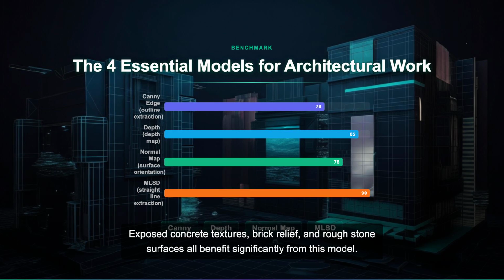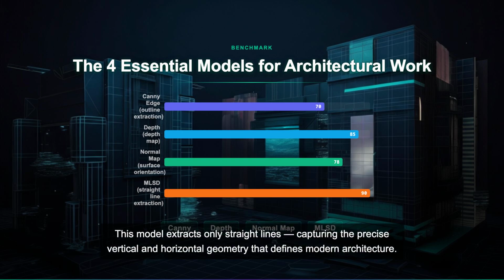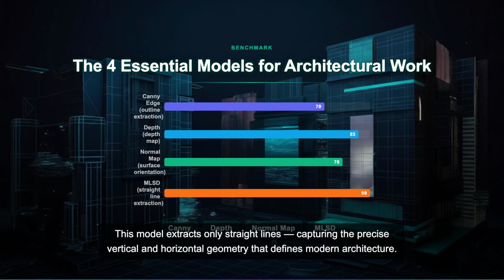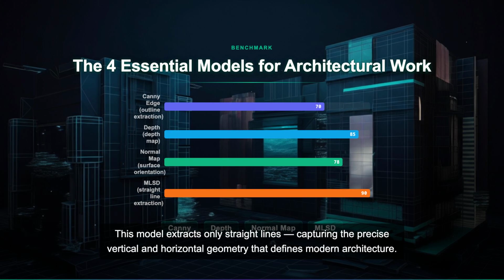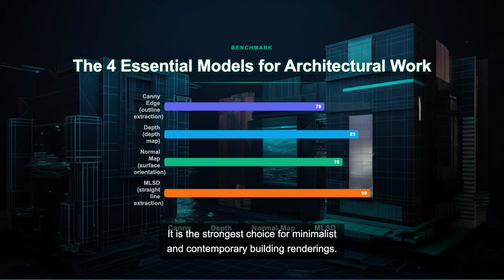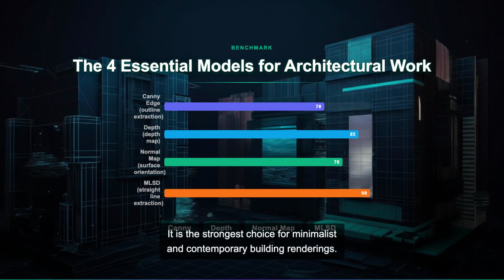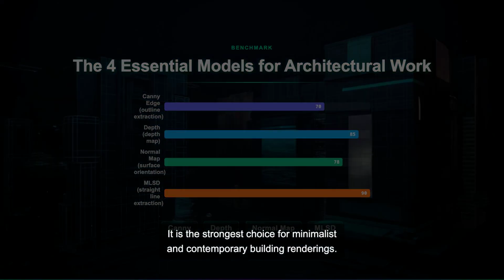All benefit significantly from this model. Fourth, MLSD. This model extracts only straight lines, capturing the precise vertical and horizontal geometry that defines modern architecture. It is the strongest choice for minimalist and contemporary building renderings.